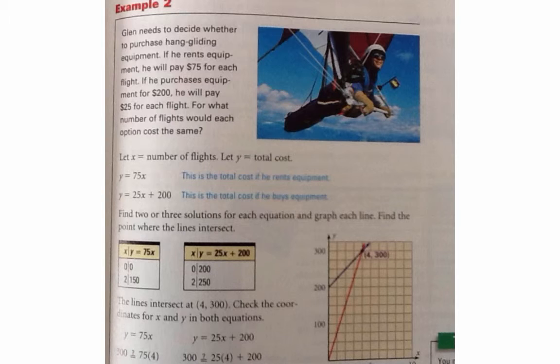And where those two lines meet is at (4, 300). So for an x value of 4, when you have 4 hang gliding flights, it's going to cost you $300 whether you rent or whether you buy. Fair enough?